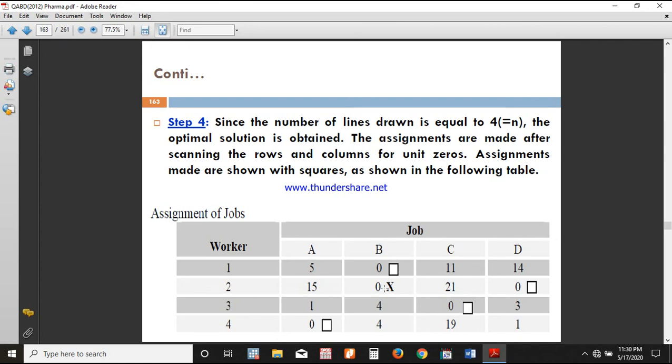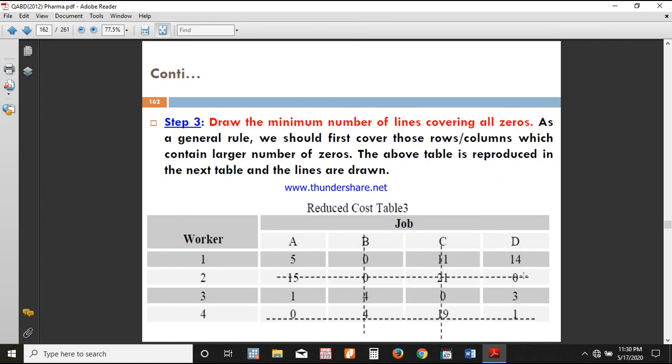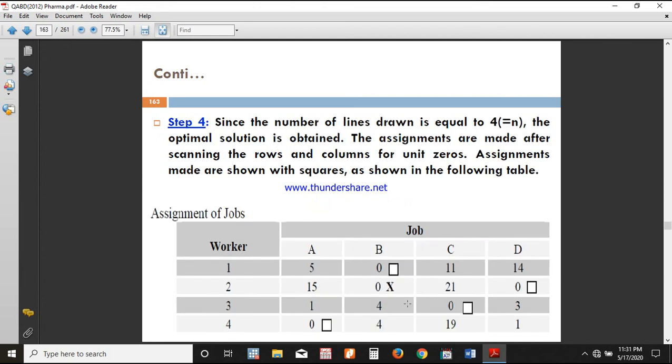Assignment is now possible, because all the zeros are covered by these 4 vertical and horizontal lines.